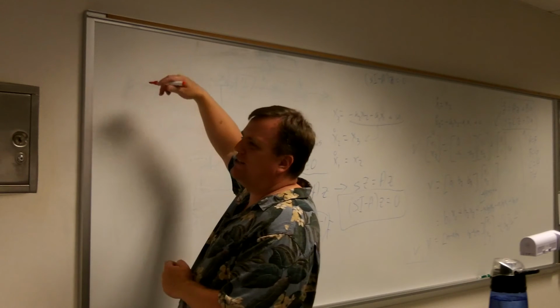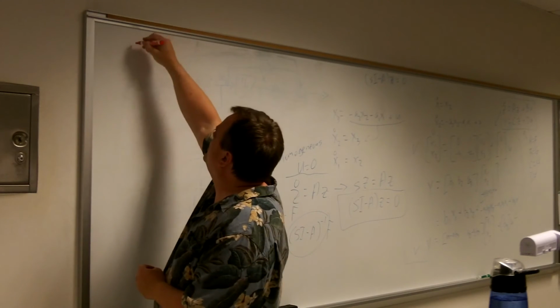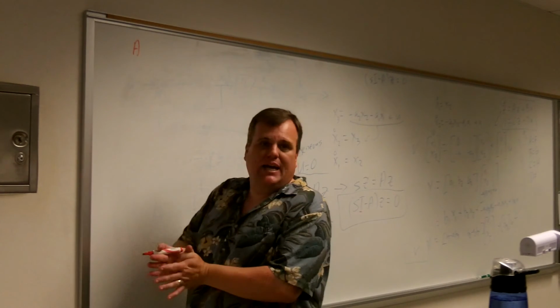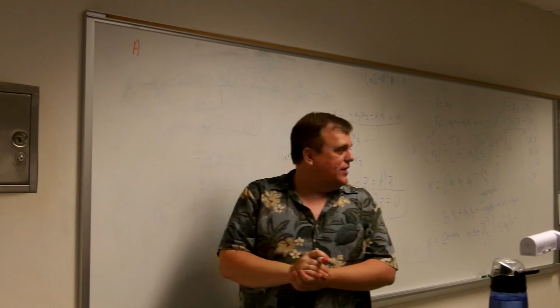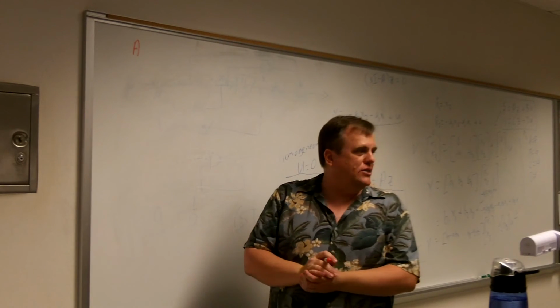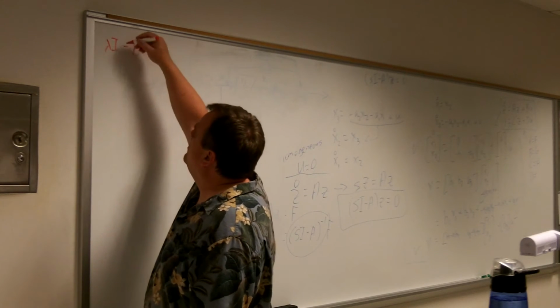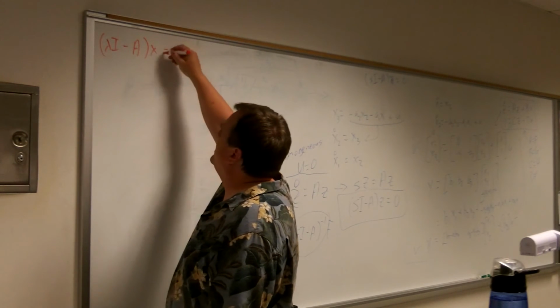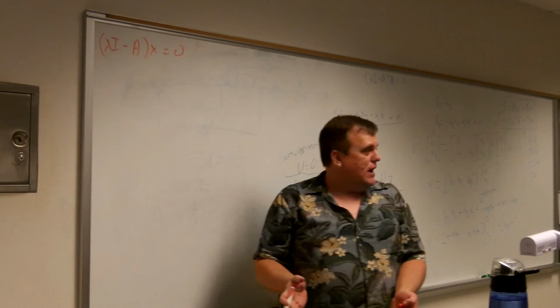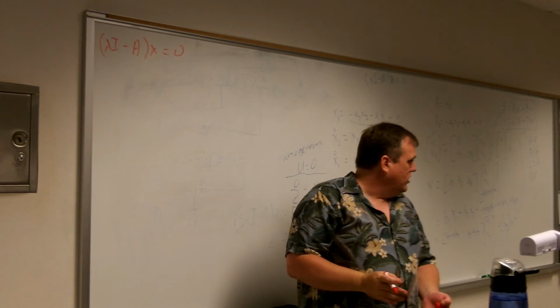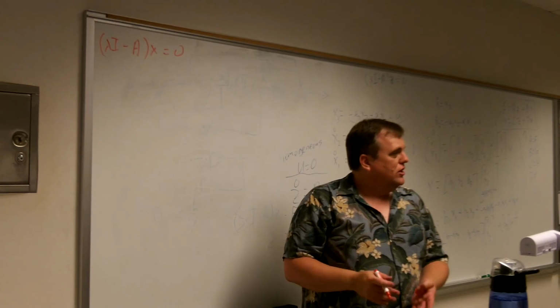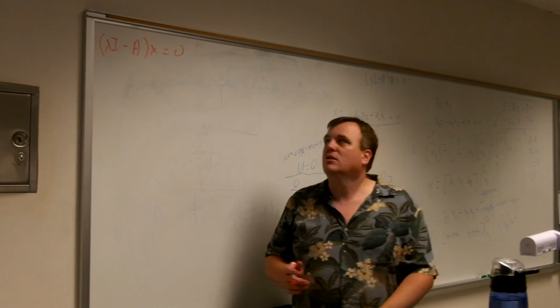Okay, so we've got our expression. We've been talking about A and asking what its eigenvalues and eigenvectors were. I mentioned there is this equation, lambda I minus A times X equals 0. That's the eigenvalue, eigenvector equation. Lambda is called the eigenvalues, X is called the eigenvectors.